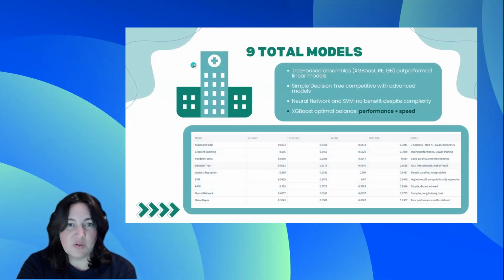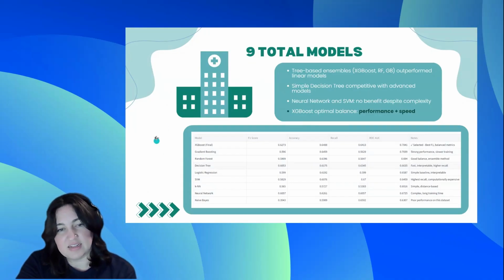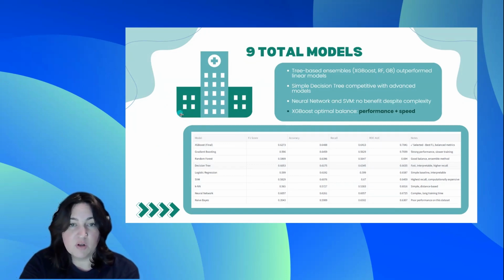So out of the 9 total models that I trained, I was looking for that high F1 score. This was definitely a more challenging data set because I was not seeing the scores that I was expecting in the 70s and 80s. However, for a medical model, this works pretty well as a real world model.